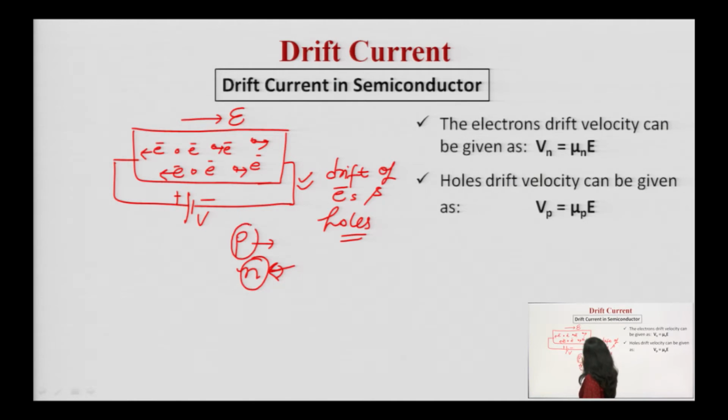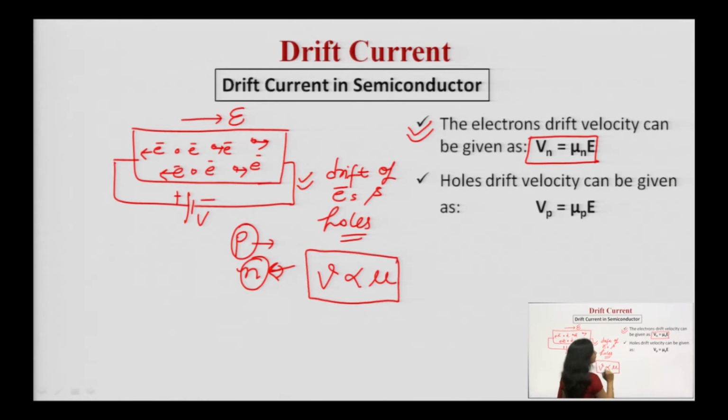Now since there is a drift, you can calculate the drift velocity because of the holes and the drift velocity because of the electrons. The electron drift velocity is given as Vn, where n denotes that we are talking about the electron. So V is mu into E. You know that the velocity is directly proportional to the mobility, as I have told you.